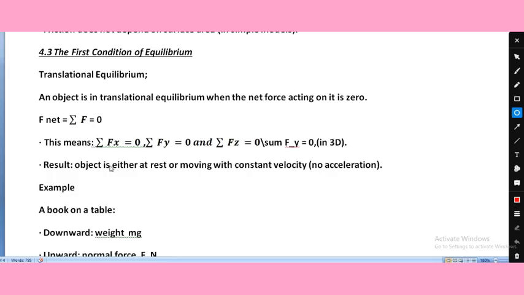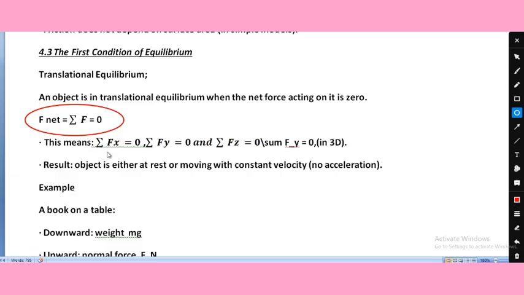To say a given object is in equilibrium, the net force on that object is equal to zero, as I am showing you on the screen. The net force on a given object is totally equal to zero, the summation of all forces.